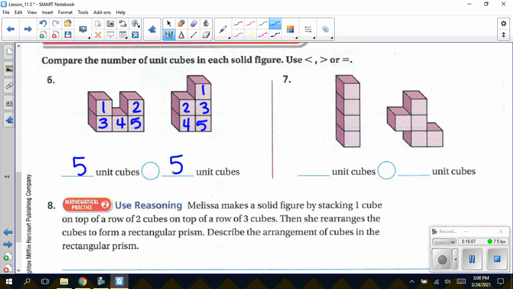So I also have 5 unit cubes on the right figure. So obviously those two figures would be equal to each other with the same number of unit cubes. For number 7, 1, 2, 3, 4 unit cubes on the left. And then on the right, 1, 2, 3, 4, 5. I have 5 unit cubes on the right, so when I compare them, 4 is less than 5.